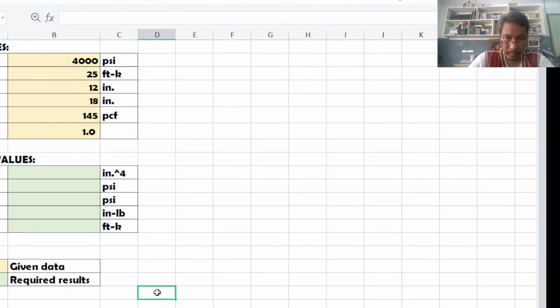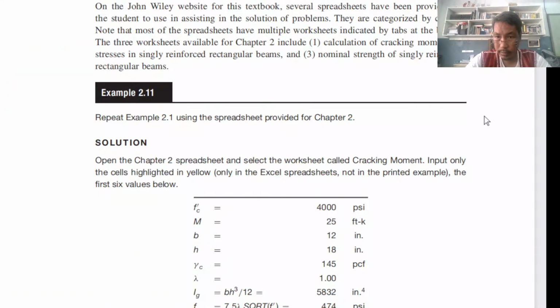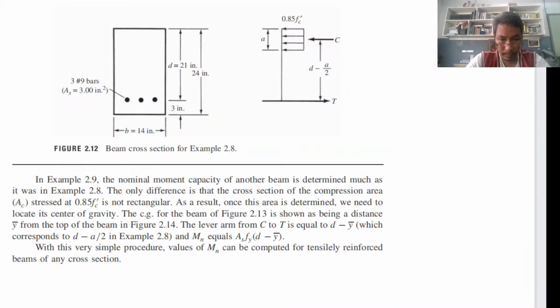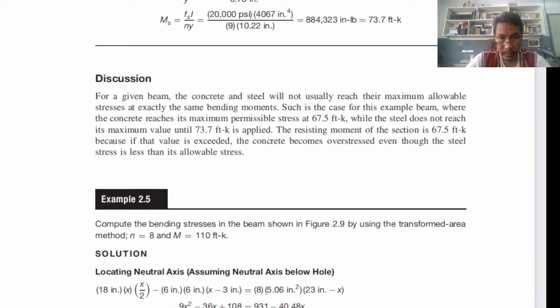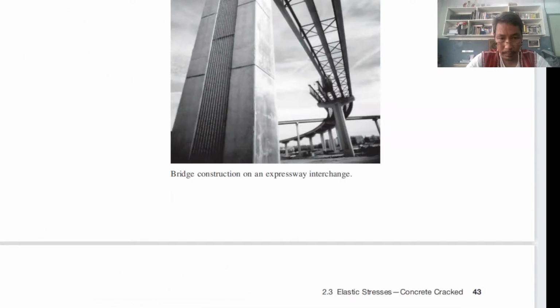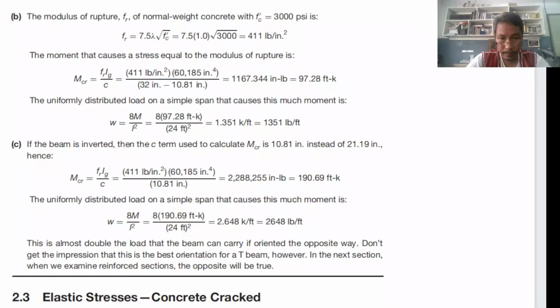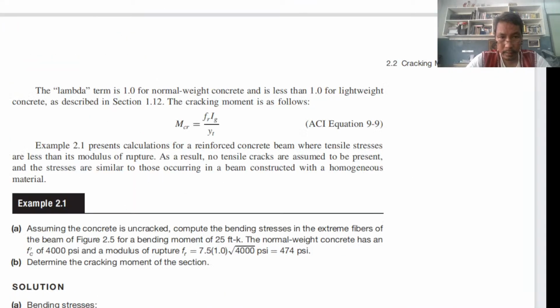Okay, so let us first compute the values for problem number 1. Let's go back to problem number 1. This is problem number 1.